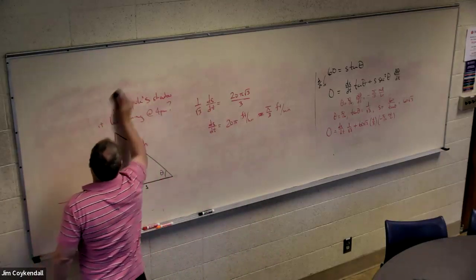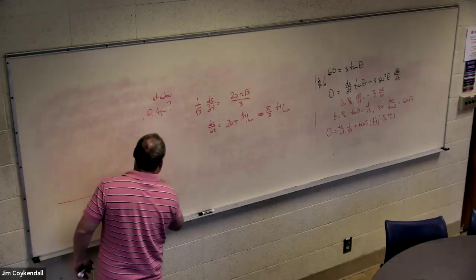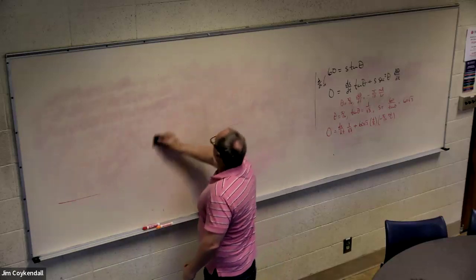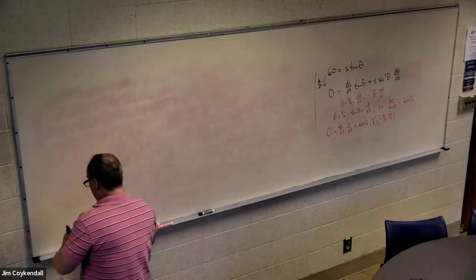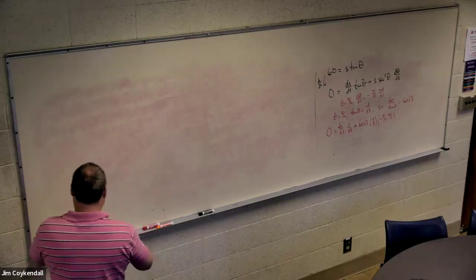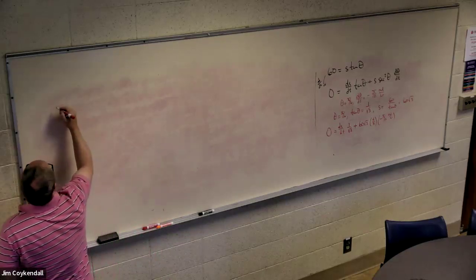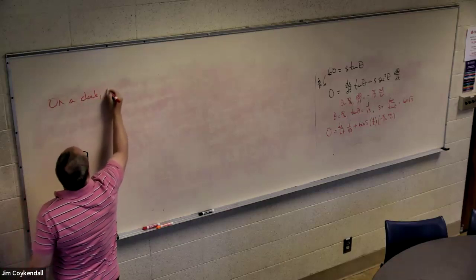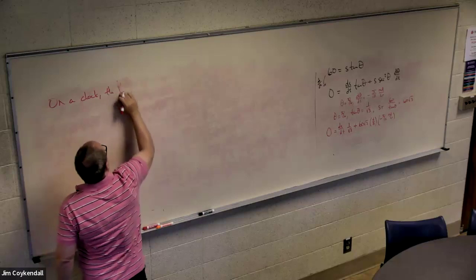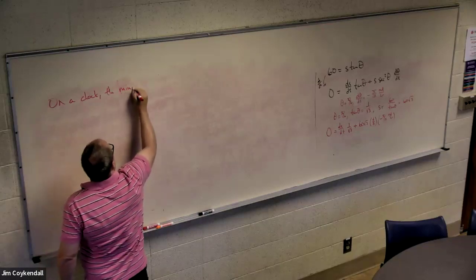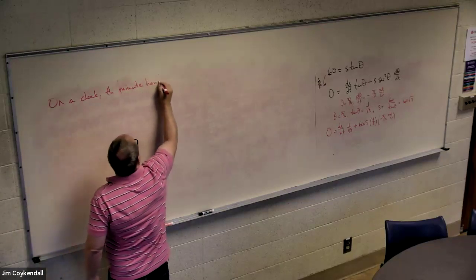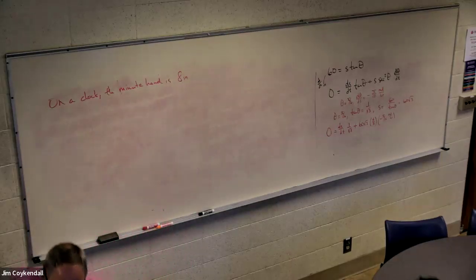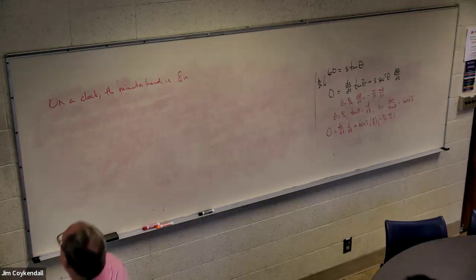So let's work through this. There's one little tricky bit in this. It says you have a clock. The minute hand is eight inches, and the hour hand is 4.